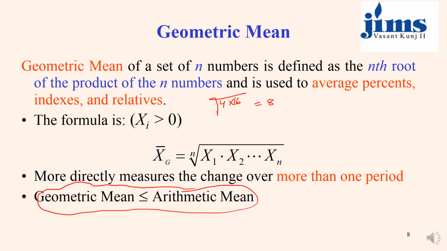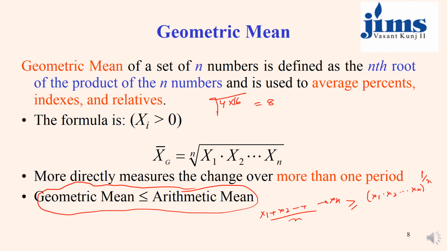What I mean to say is: (x1 plus x2 up to xn) divided by n must be greater than or equal to (x1 into x2 into xn) whole to the power 1 by n. That means the arithmetic mean is always greater than the geometric mean.